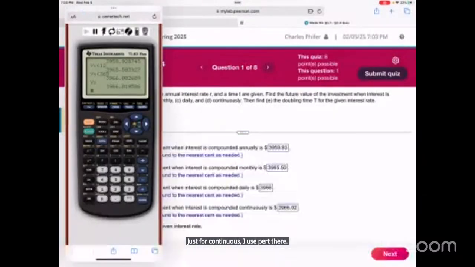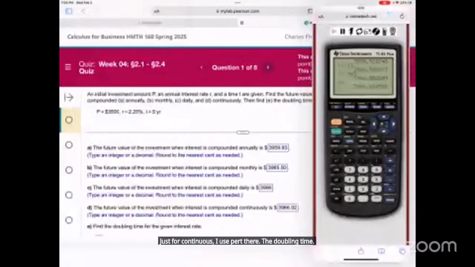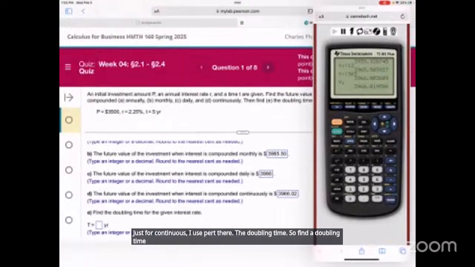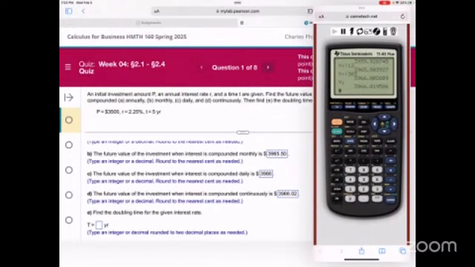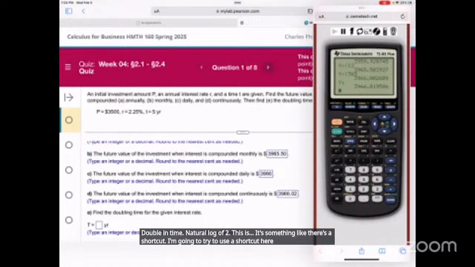The doubling time. Find the doubling time for the given interest rate. Let me see. Doubling time, natural log of 2. There's a shortcut, I'm going to try to use it here.